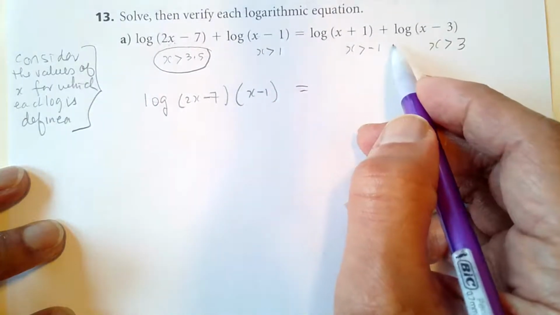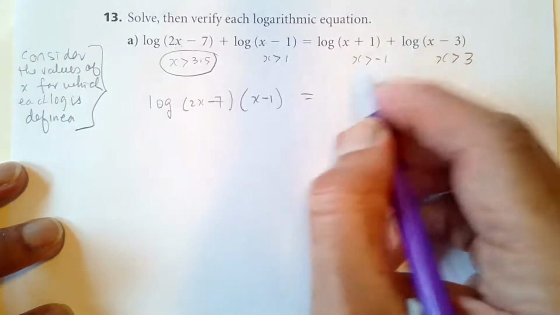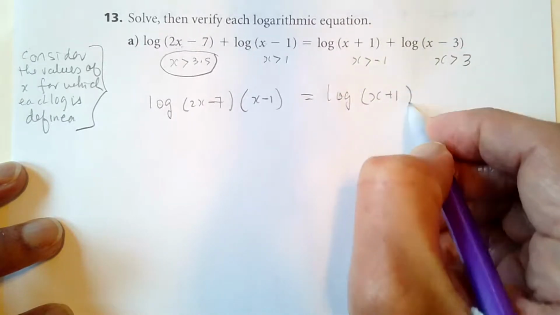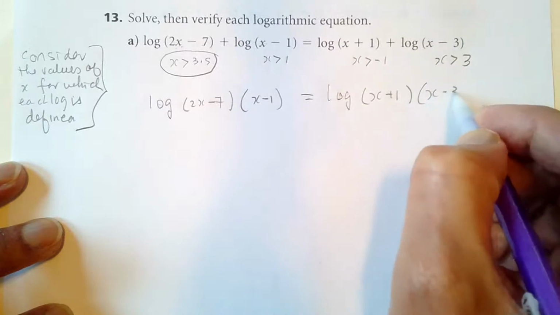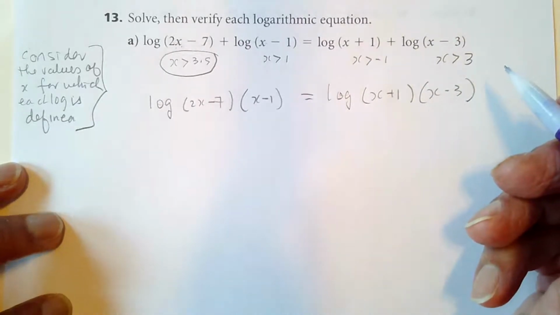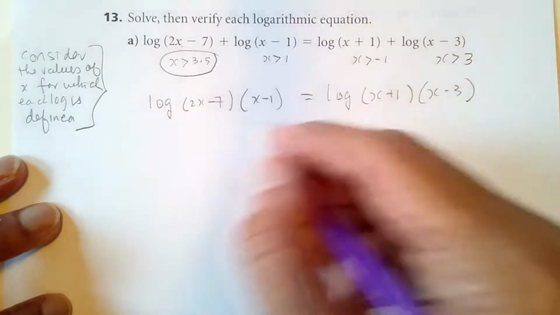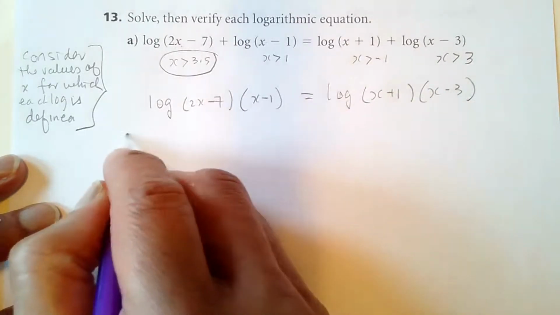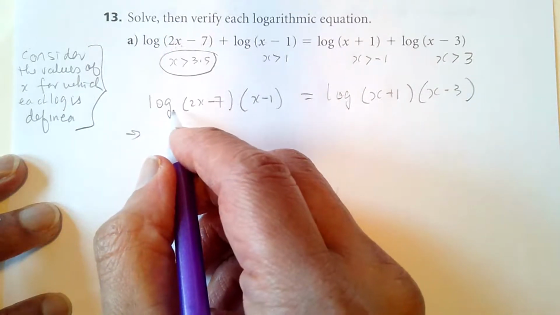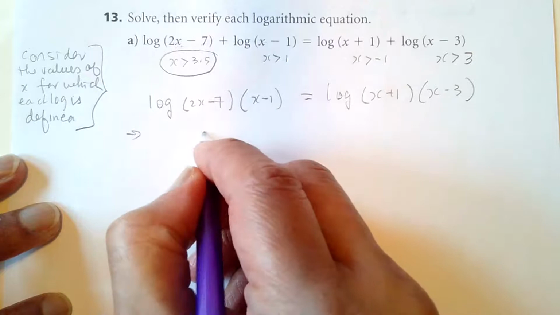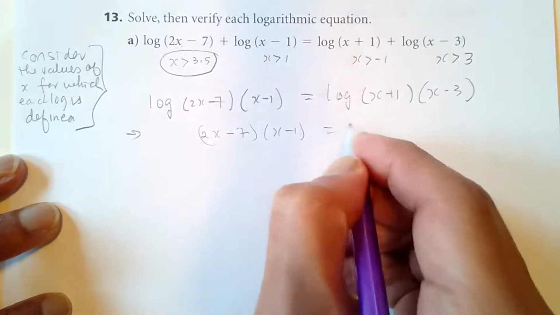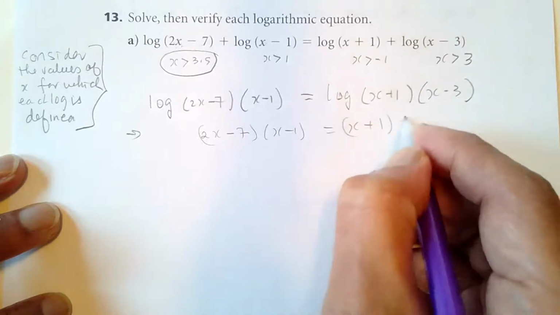On the right side, we have log of (x plus 1)(x minus 3). Next, we write both sides as exponents of 10. So we have (2x minus 7)(x minus 1) is equal to (x plus 1)(x minus 3).